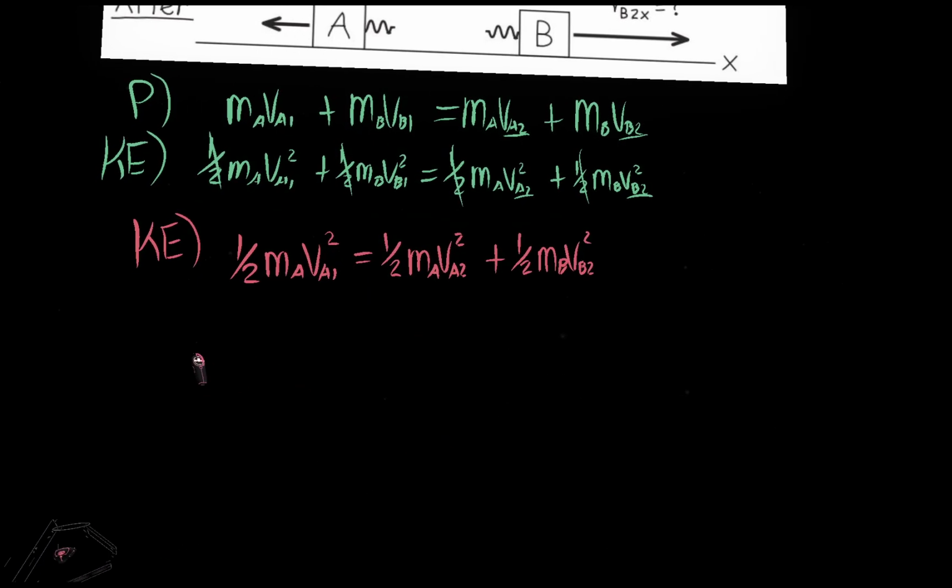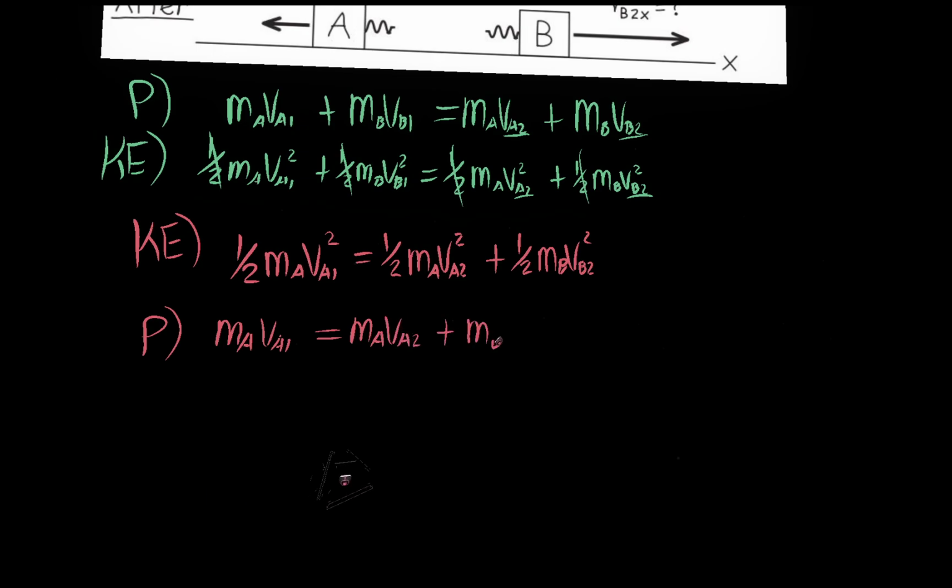And our momentum, right, this is from conservation of momentum, not anything to do with potential energy. So momentum would be only A has momentum, so MA VA1, and that's equal to MA VA2 plus MB VB2.